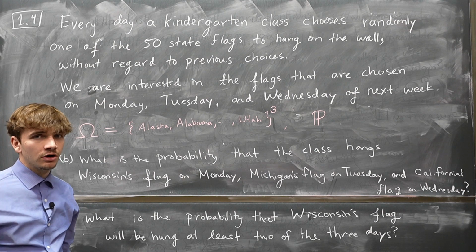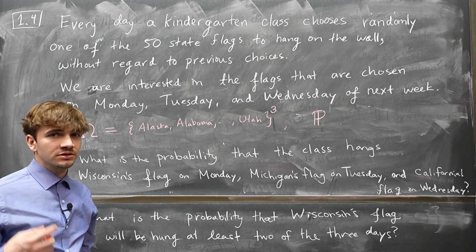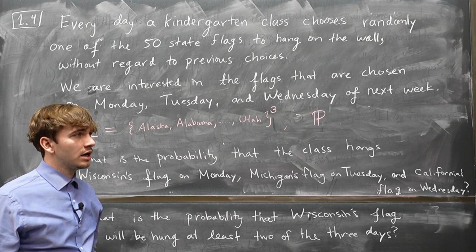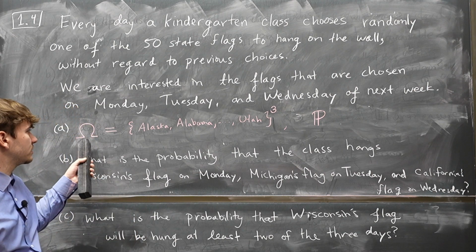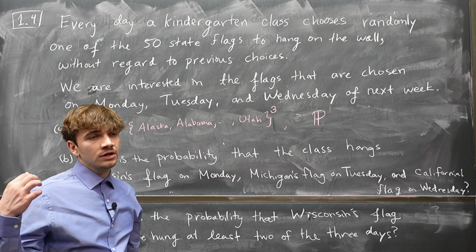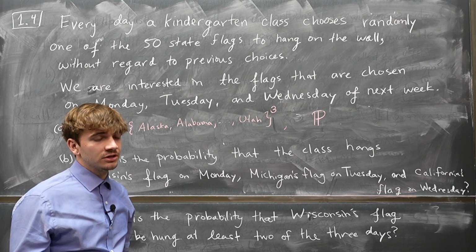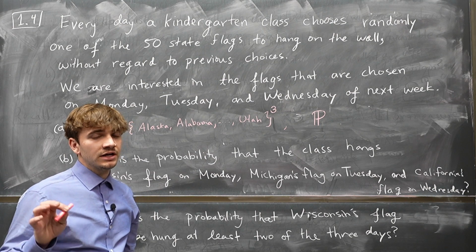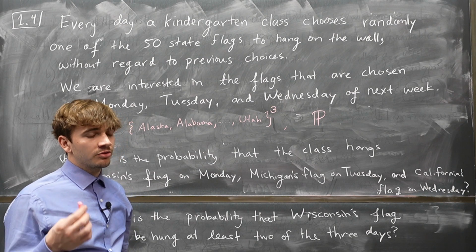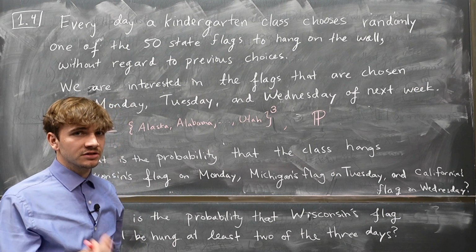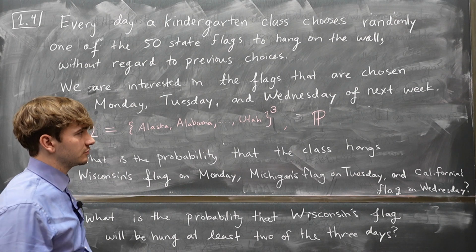But just a brief recall, a probability measure has to keep its values between 0 and 1. It is a function from the set of subsets of omega into the real numbers, and it assigns the total space a probability of 1, the empty set a probability of 0, and it satisfies a summation property where the probability of a disjoint union of events is the sum of the probabilities of each of those events.